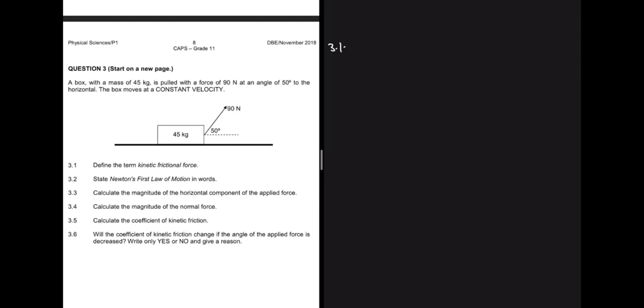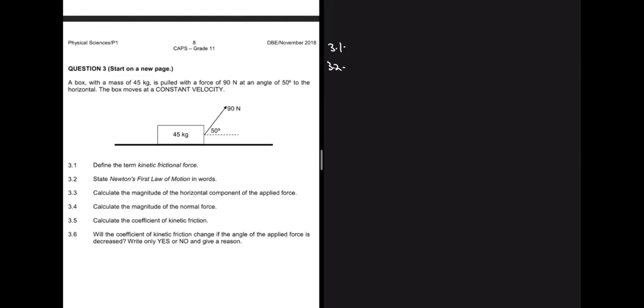And then 3.2 says state Newton's first law of motion in words. It states that a body will remain in its state of rest or motion at a constant velocity unless a non-zero resultant force acts on it.